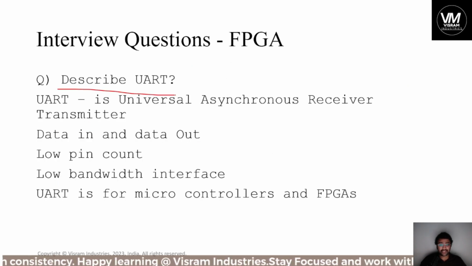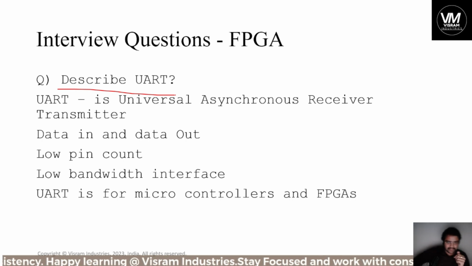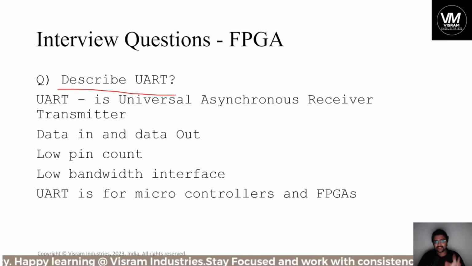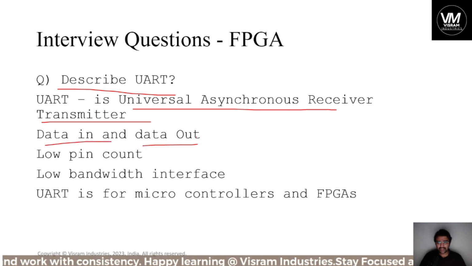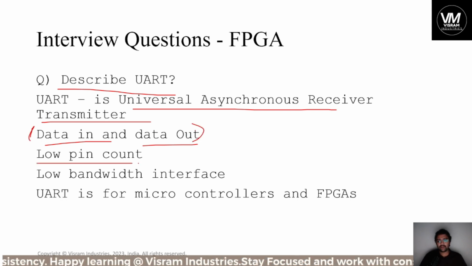Describe UART. Coming to the protocols of the FPGA design, they are mostly applicable at the output of the peripherals, where external peripherals or devices should be communicating with the FPGA processor. UART is nothing but Universal Asynchronous Receiver Transmitter Protocol, and that is used for data in and data out, and most widely used for data transmission. UART has a low pin count.